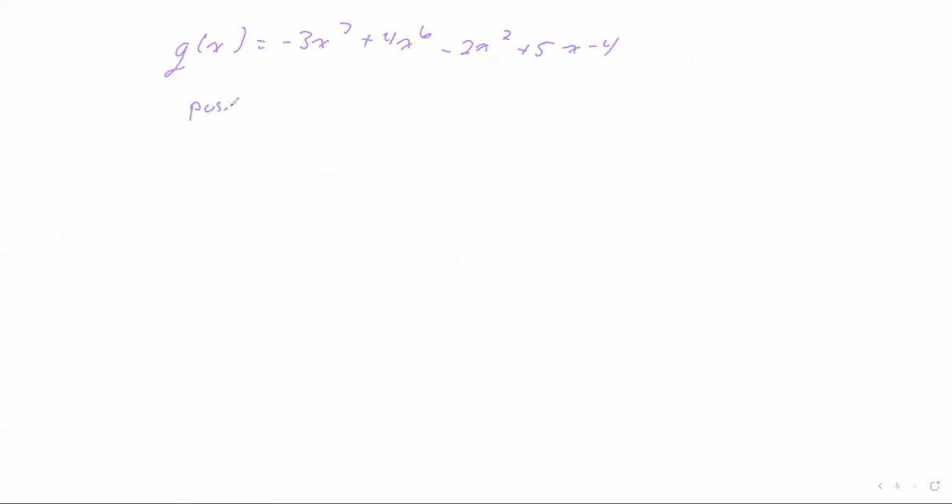So possible positive zeros. I'm just going to count how many times the sign changes. So there's 1, there's 2, there's 3, there's 4. So there's 4 possible ones, but then I have to decrease by 2. So it's going to be 4, 2, or 0.